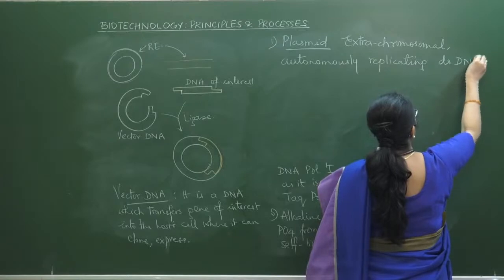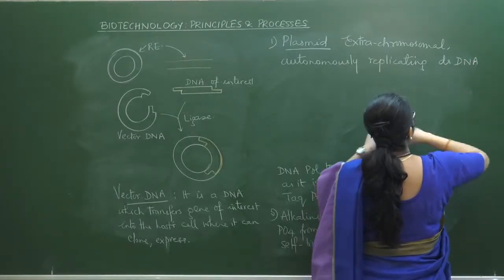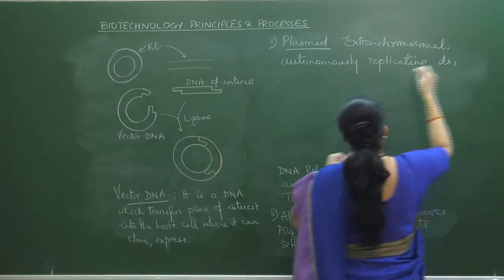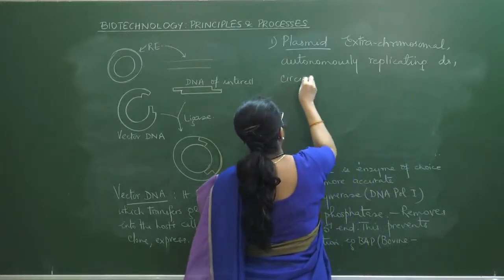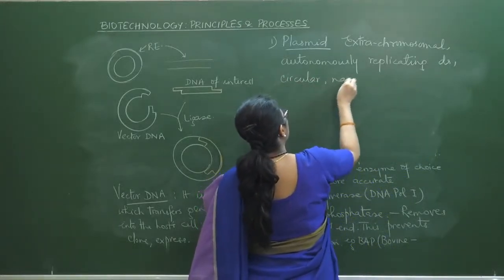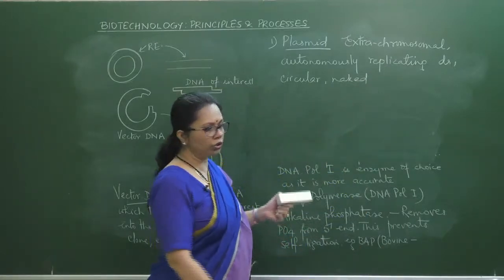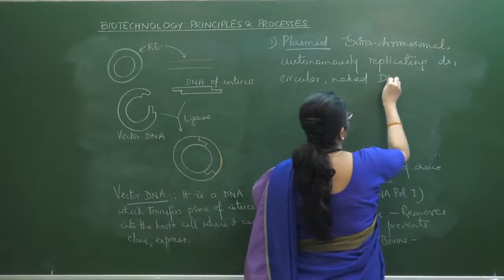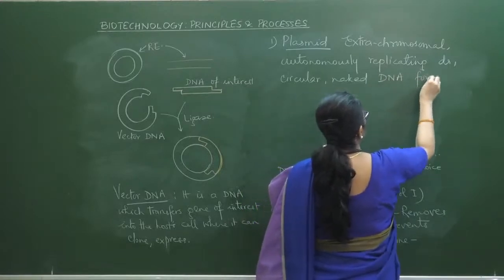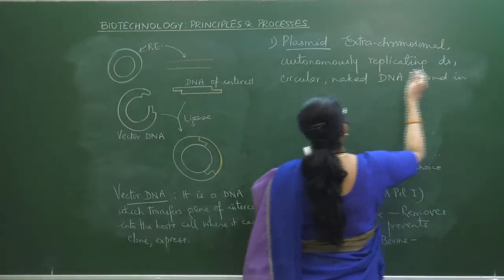Double stranded circular DNA. We can also add on the word naked, because you know that prokaryotic DNA is without histones, naked DNA found in, once again, bacteria.